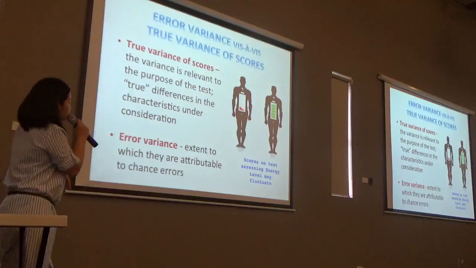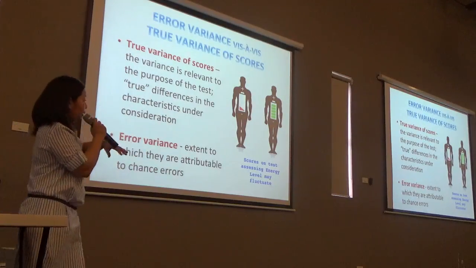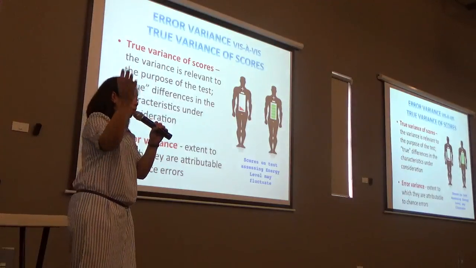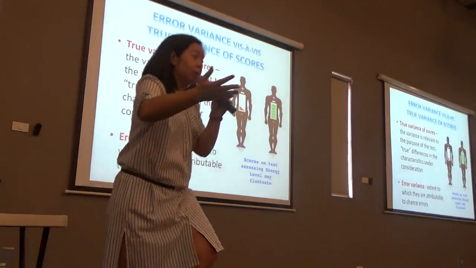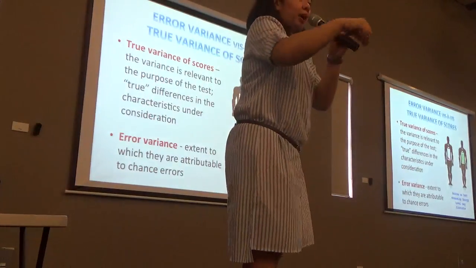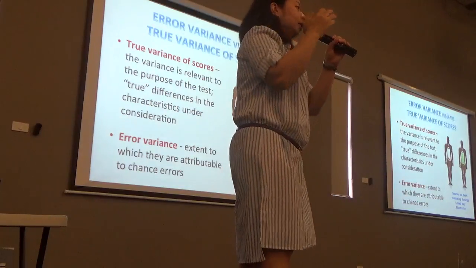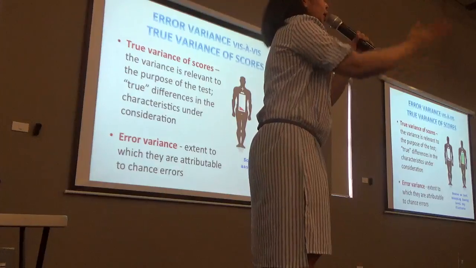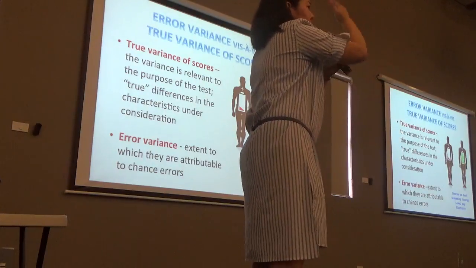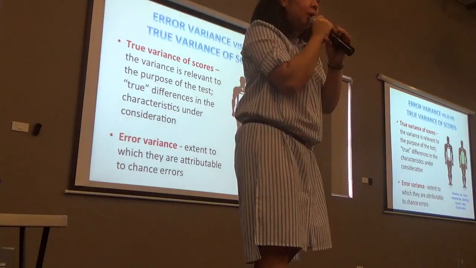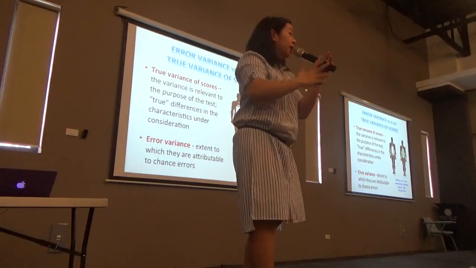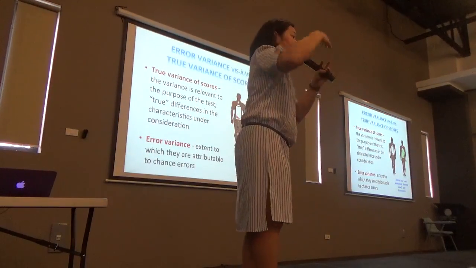So, true variance of scores given the test of energy level. In theory, ang energy natin within the day ay pabago-bago. Okay? So halimbawa, just today is Sunday, October 8, I administer to you the energy test, 8 a.m., 10 a.m., 12 noon, 2 p.m., 4 p.m.